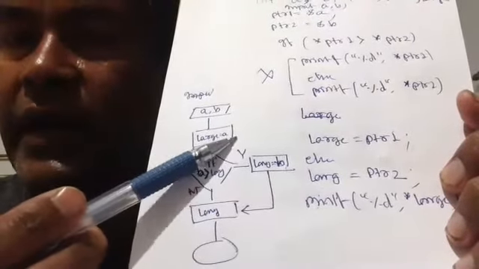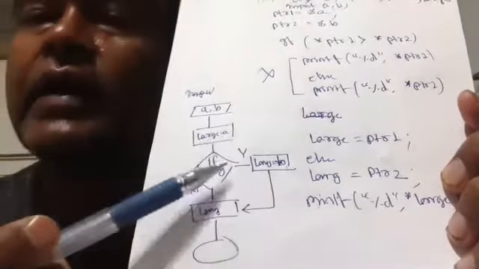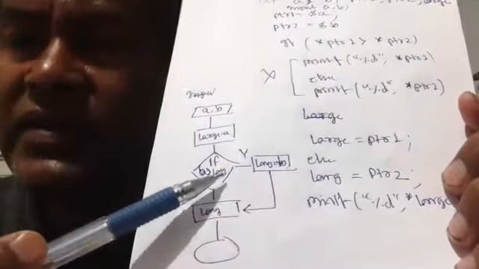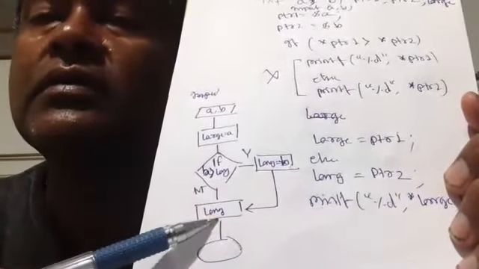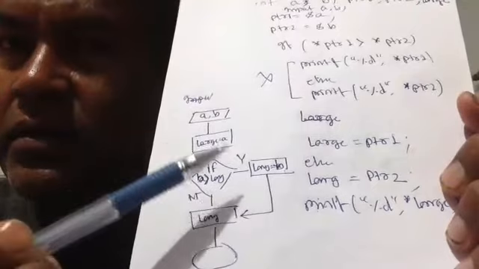Large equal to A. Then compare it: if large is greater than B, if yes then large will be B. Otherwise, large is A. The algorithm is clear, no? Yes, sir. Any doubt?